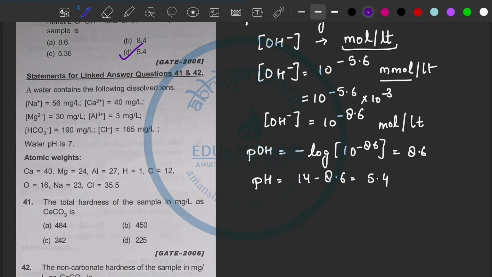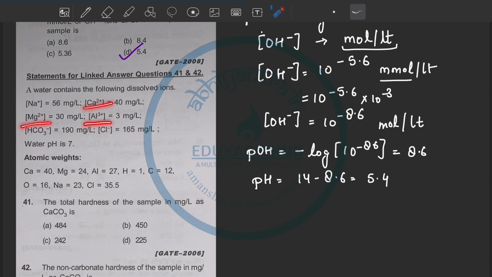Till now we know how to calculate the total hardness. Total hardness will be created because of the multivalent cations. The multivalent cations here in the question are calcium, magnesium and aluminium.